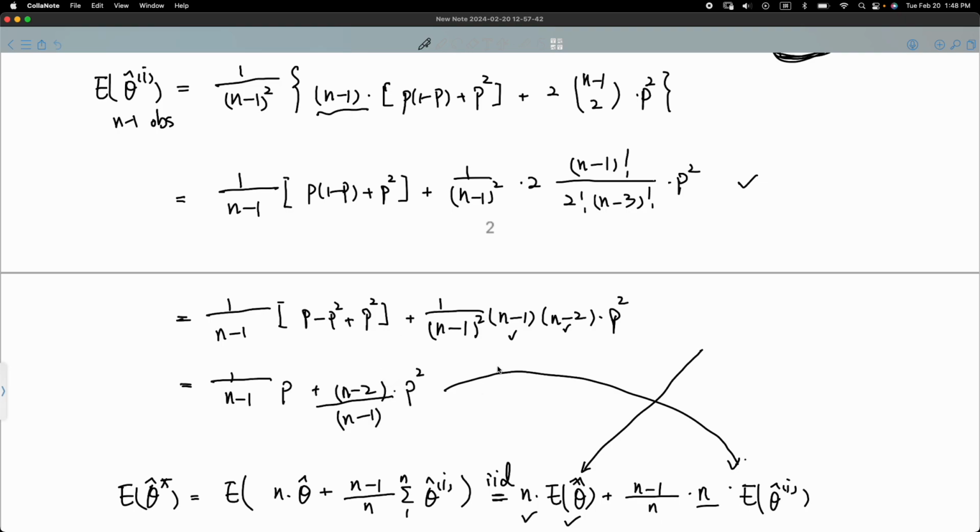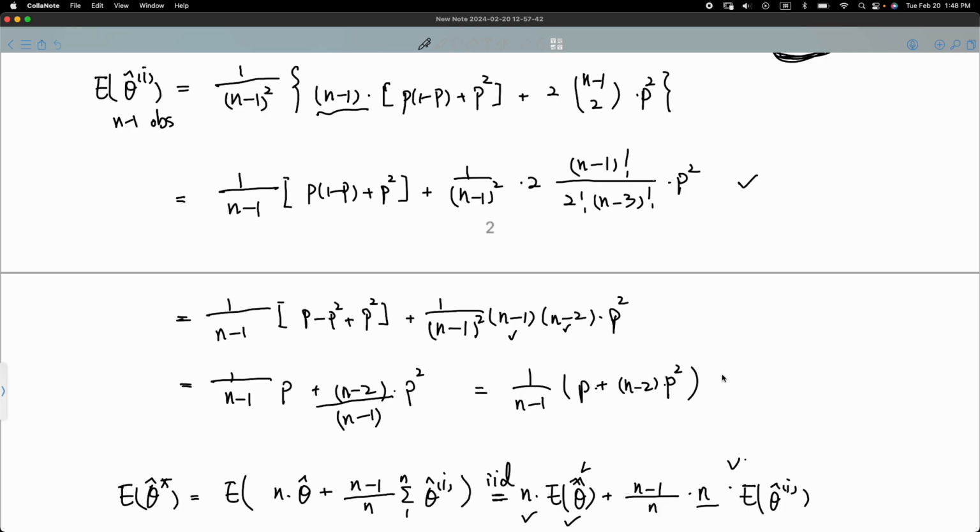N minus 2. So one over n minus 1, p minus p squared plus p squared plus n minus 2 p squared.